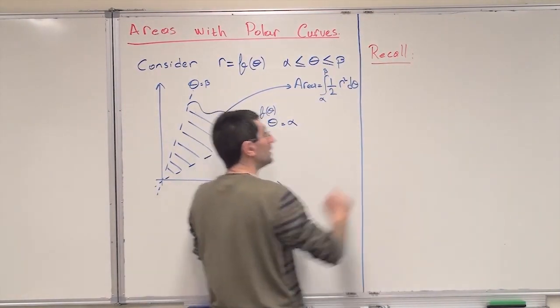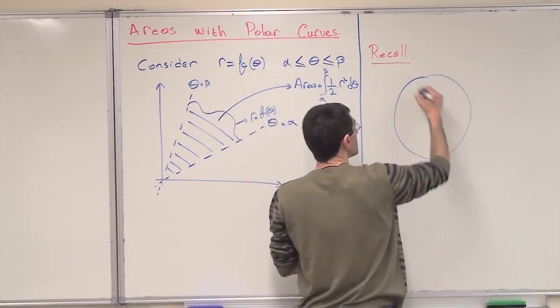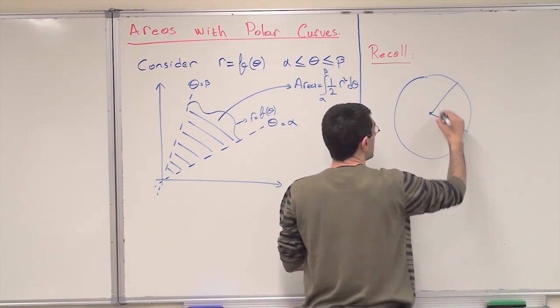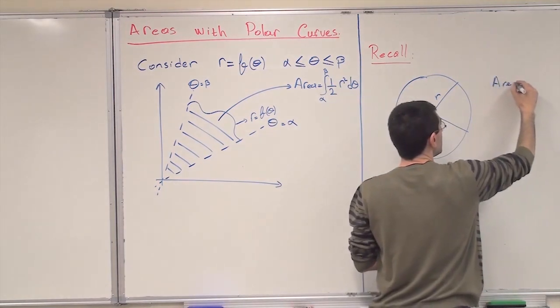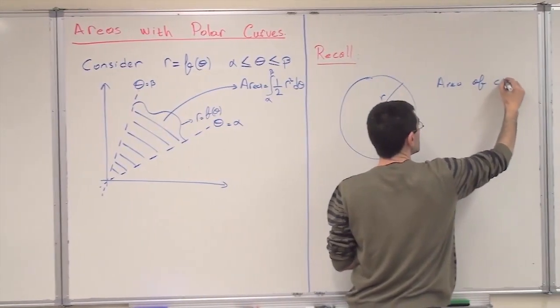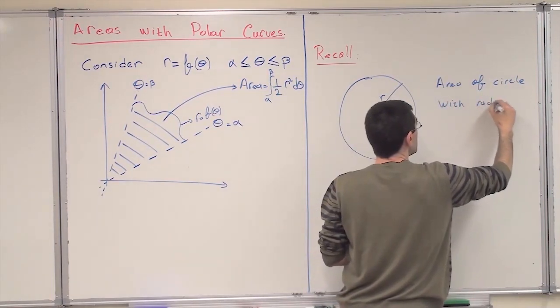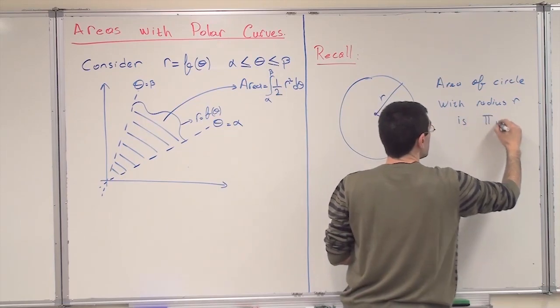So, let's take a circle with radius r. So, we all know that the area of this circle with radius r is pi r squared.